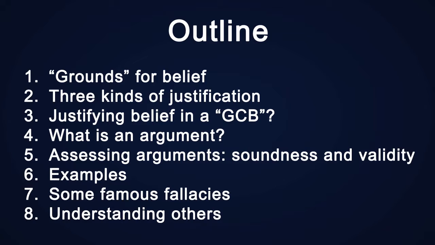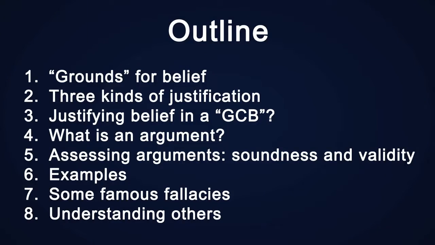Then we'll move into, after having talked about those types of case for just a moment, we'll dig more deeply into the nature of an argument, what an argument is, how to take it apart and analyze it, and then we'll talk about how to assess arguments on two different dimensions, one known as soundness, the other one known as validity. Then we'll give some examples of arguments and see whether our tests for soundness and validity apply to them and how they apply to them.